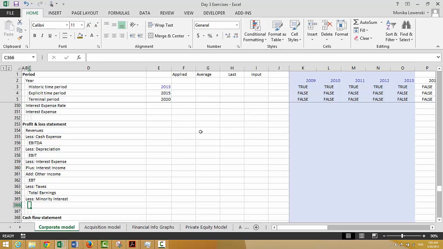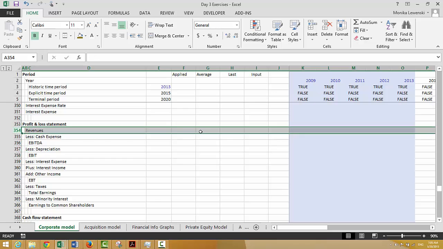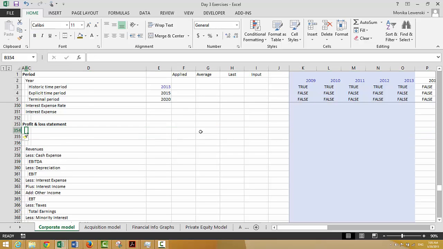And then we can finally put earnings to common shareholders. And what we might do is, just to make this a little more transparent, the only thing we're really going to need is the tax rate and the minority interest percent.